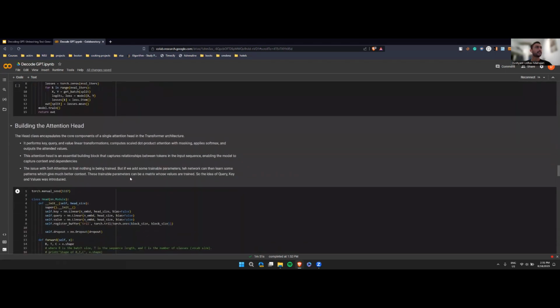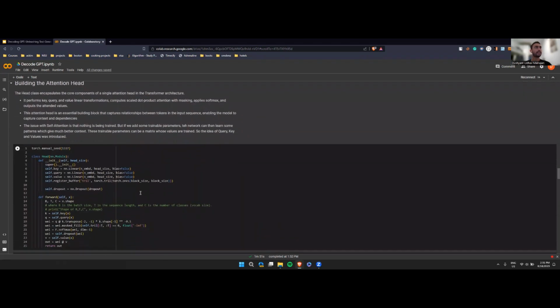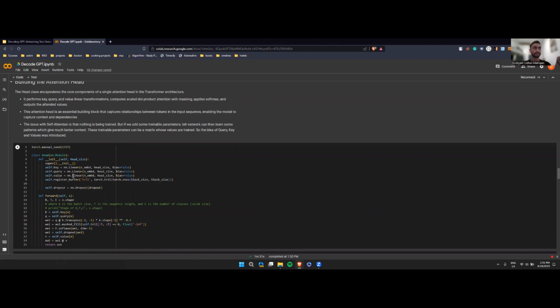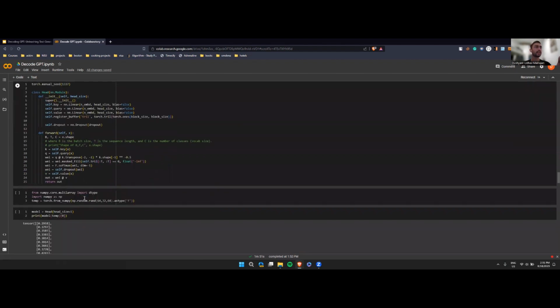So let's go further. Here, I've defined the attention head. As we saw, the main mechanism that helps GPT to be useful is the attention mechanism. Here, I've defined the head class. It is defined to build the attention mechanism that will provide us with probabilities for every sequence. In the demo, I've initiated a random sequence.